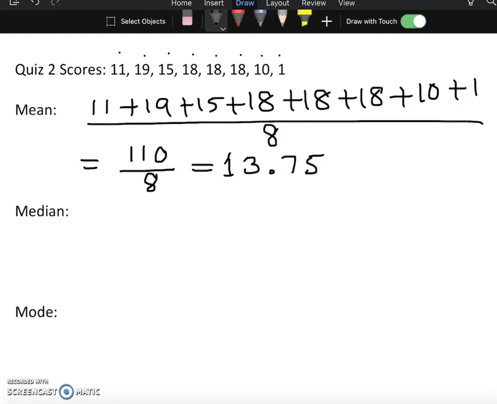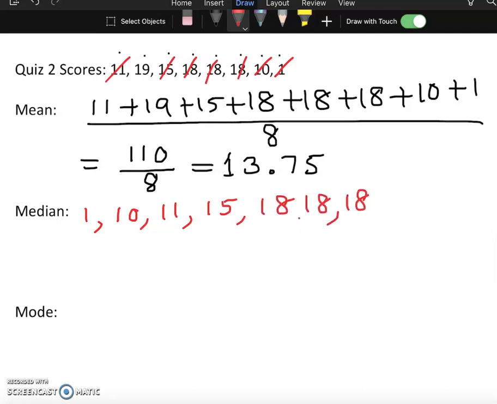Okay, now we're going to take a look at the median. So how do you find the median? We're going to organize from smallest to largest. So we're going to cross out 1, and the next number I can see is 10, and the next number I see is 11, and the next number I see is 15, and the next number I see is 18, 18, 18, three numbers 18, and another one is 19.